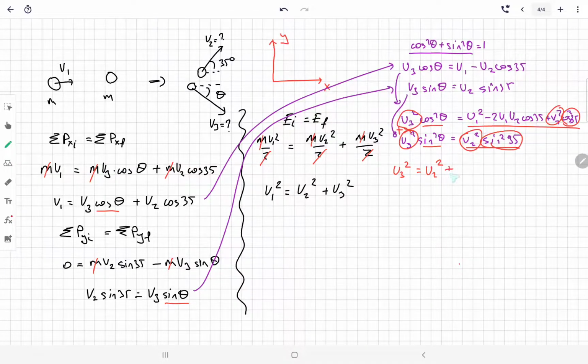And v1 squared, and minus 2 v1 v2 cosine 35. Now we need to think a little bit.